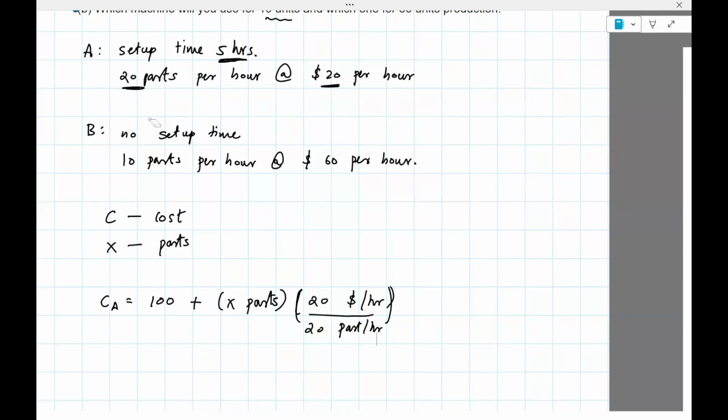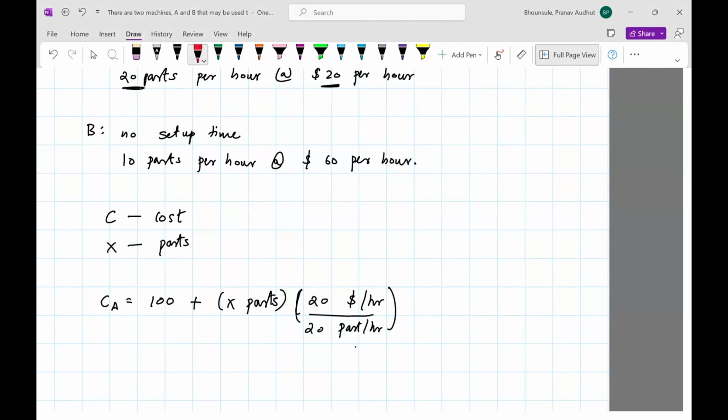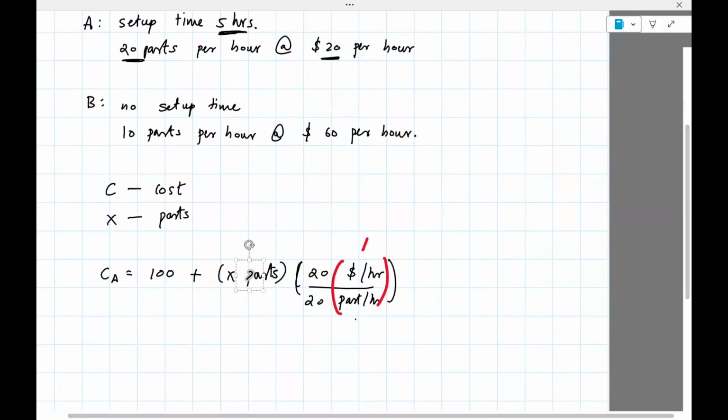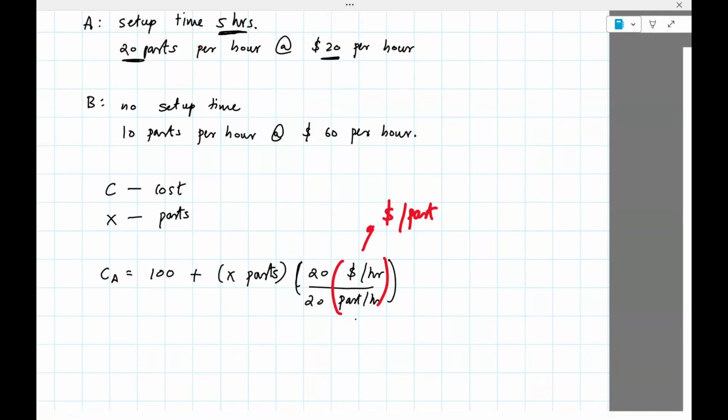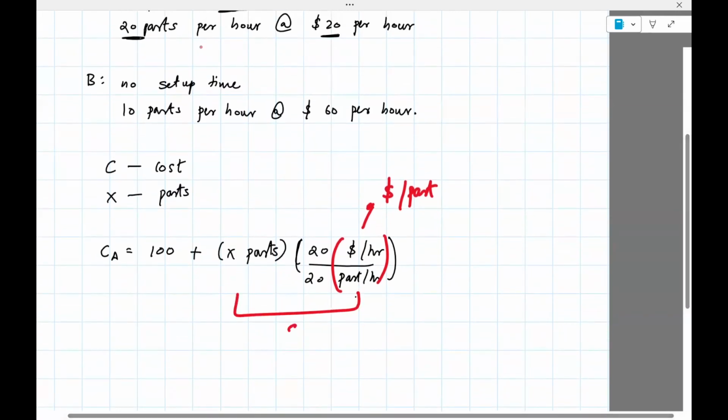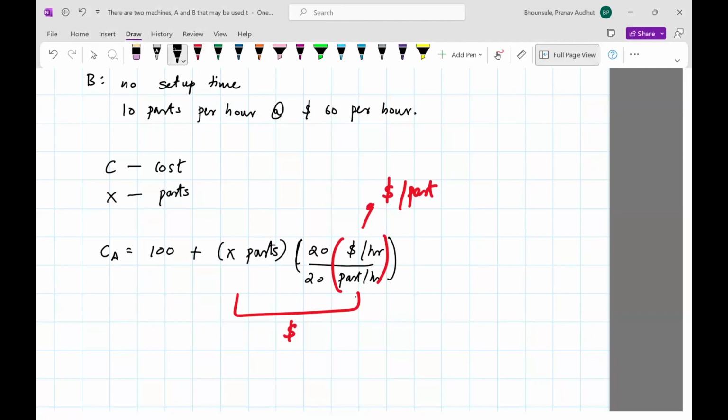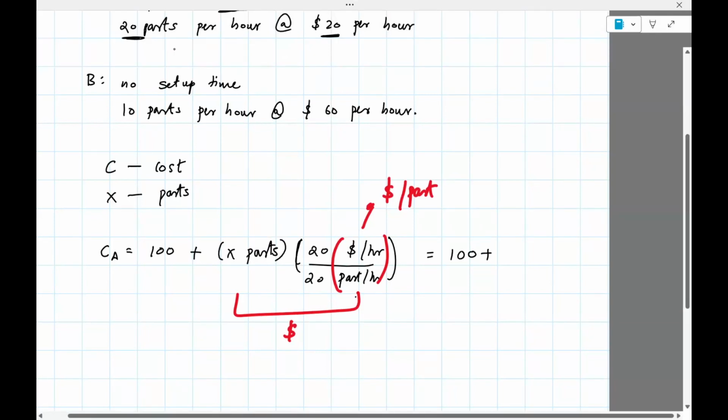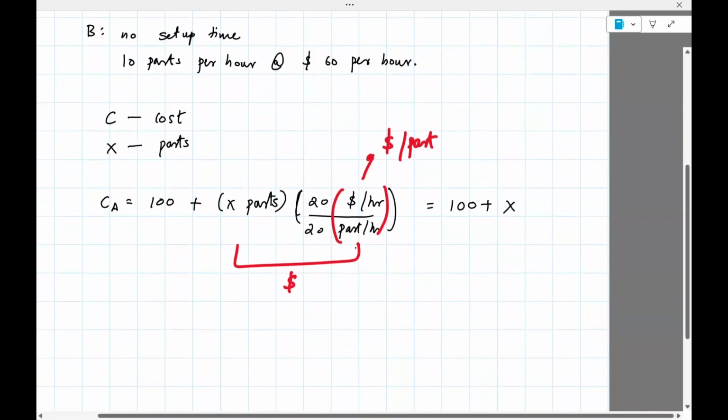The key thing here is to get the units right: dollar per hour divided by part per hour gives you dollar per part. The hours cancel, and when you take dollar per part and multiply by X parts, you get dollars. So this whole thing equates to a dollar amount. What we have here is 100 plus X. This is the cost of producing X parts. We can do the same thing for B.